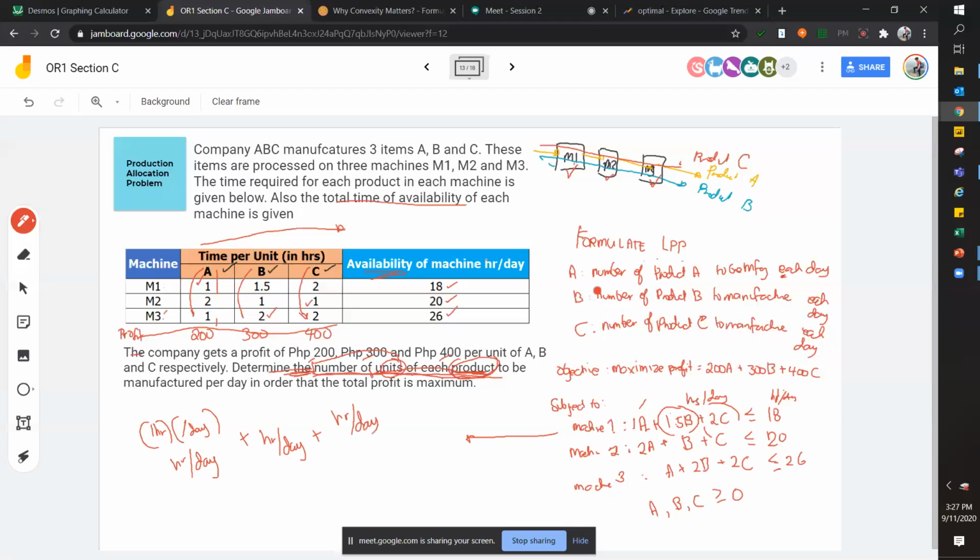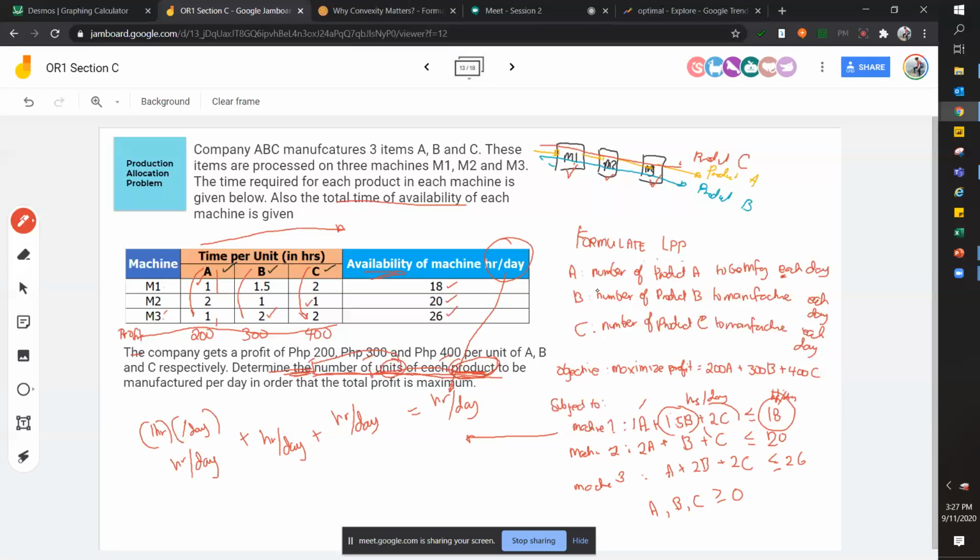Pwede mong pagsama-samahin, di ba? So, anong result? R per day. Which is, ito yung unit ng ating 18. Questions? So again, that is just a reference kung paano tayo mag-solve. Dapat same yung left side and right side na units. Unit of measure. Question?